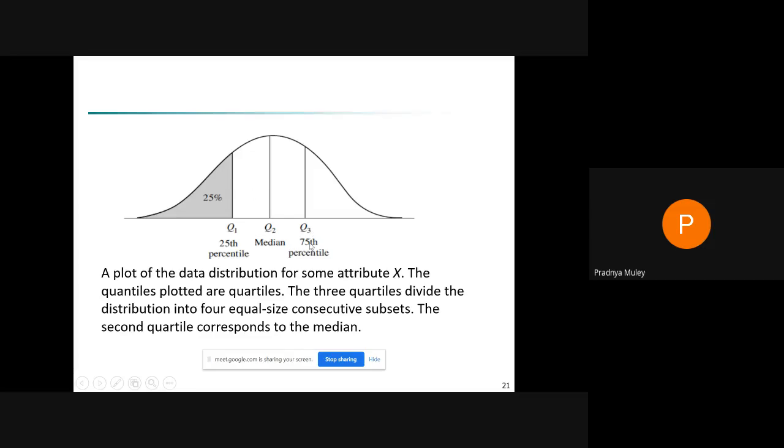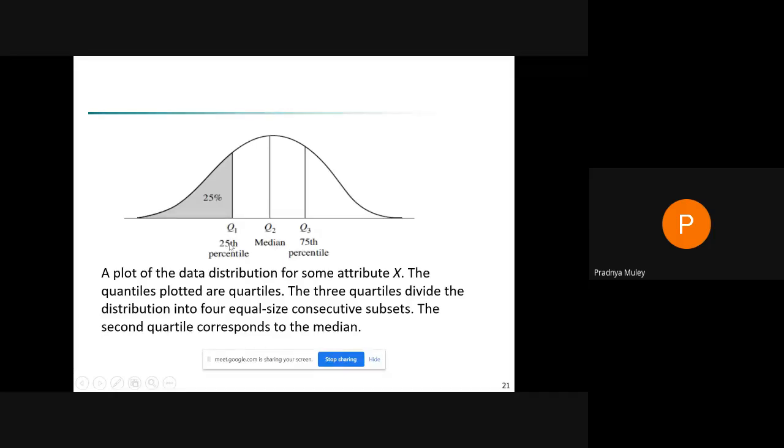The third quartile is the 75th percent of the data. And the last one is the 100, that is 100%. So these are called quartiles. Q1, Q2 and Q3 are the three important quantiles here.